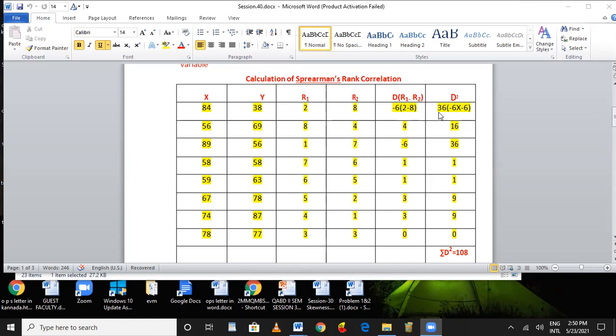Minus 6 into minus 6 is 36, 4 into 4 is 16, minus 6 into minus 6 is 36, 1 into 1 is 1, 1 into 1 is 1, 3 into 3 is 9, 3 into 3 is 9, 0 into 0 is 0.